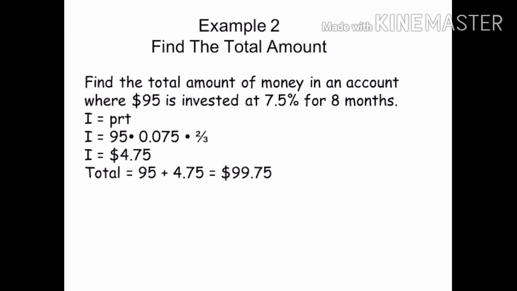The total A is 95 plus 4.75, which equals $99.75. That is the money we will get.